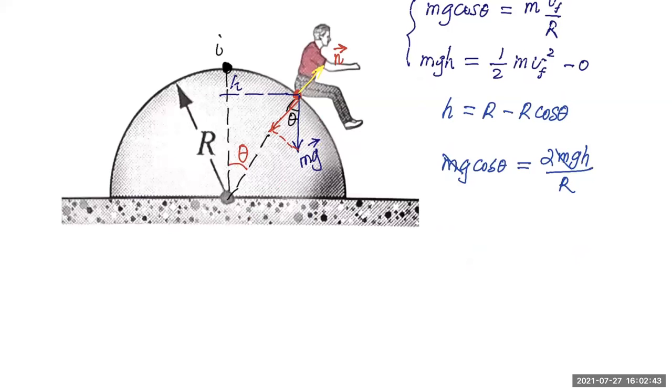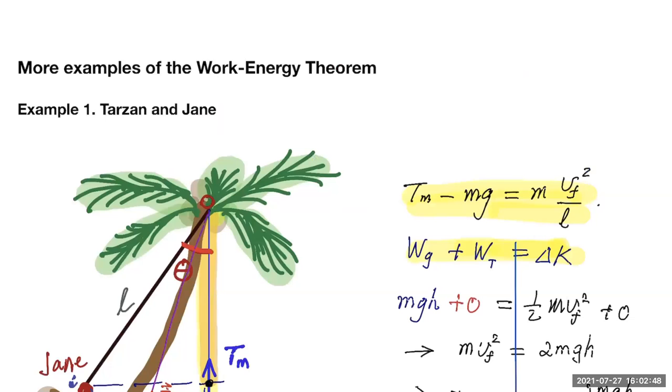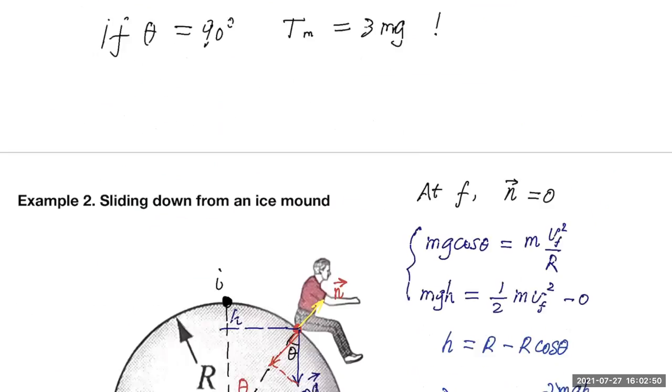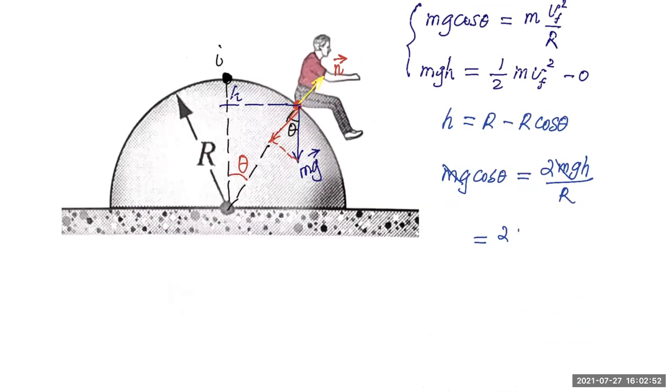So it is equal to 2gh over r, but what is h? H equals r minus r cosine theta. So it's 2g over r times r times 1 minus cosine theta. So cross out r as well, cross out g as well.